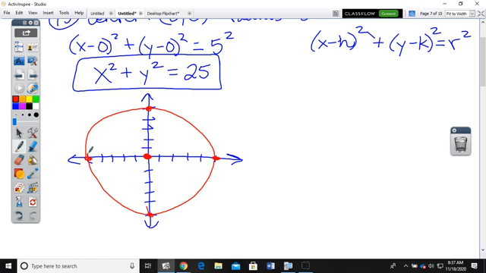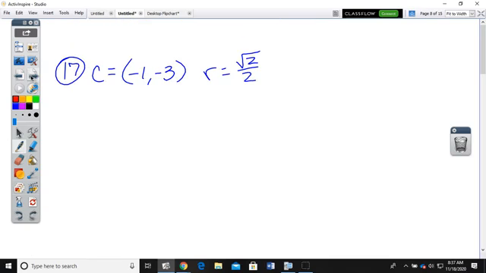That's it? Alright, I'm good. I just have 17, same process, center, different radius. So my equation's going to be x. If h is -1, what's going to go in the parentheses? Positive 1, because you're subtracting a minus.